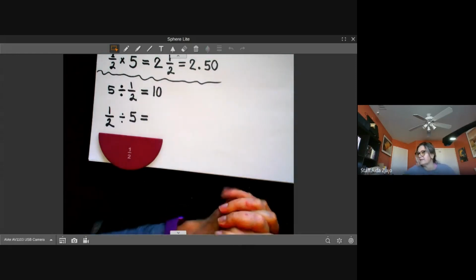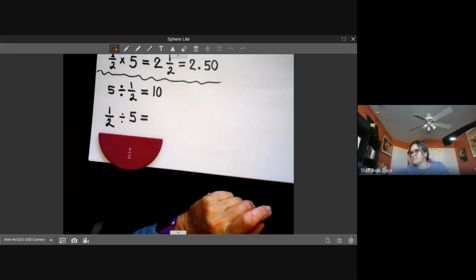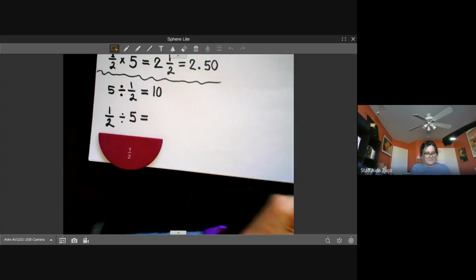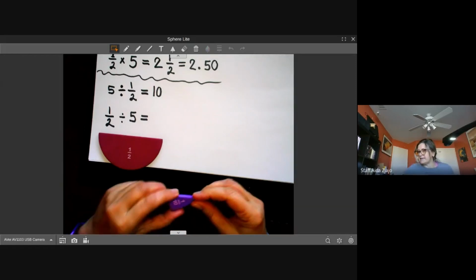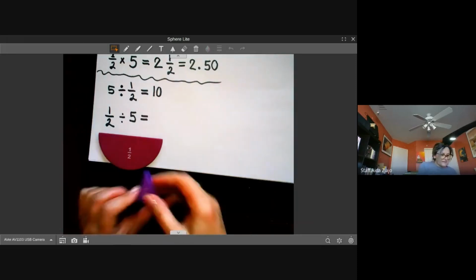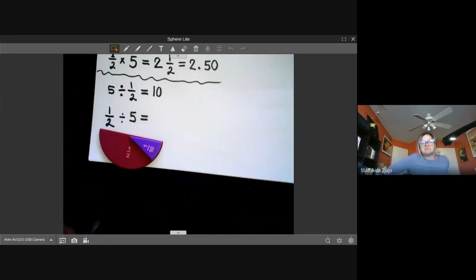If I'm thinking about this, let me see if I have the fractions. I'm thinking if I cut it in tenths, this is going to be possible.